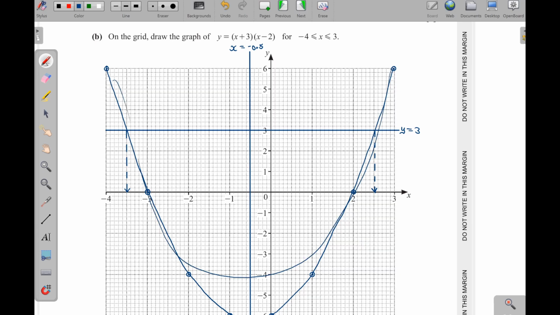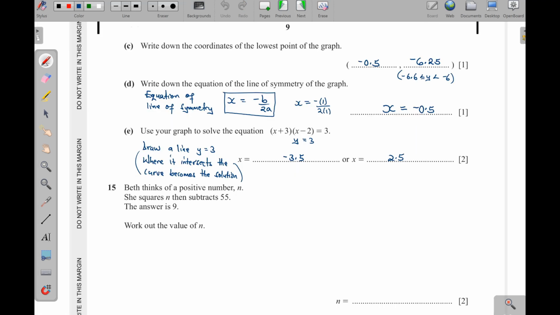Now, since we are not all going to draw the same smooth curve, they are going to give you a range within which your values must lie. Okay, so for this case, here they give you the range of values. It is negative 3.6 to negative 3.4.